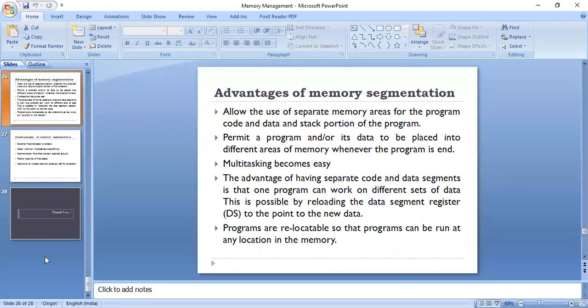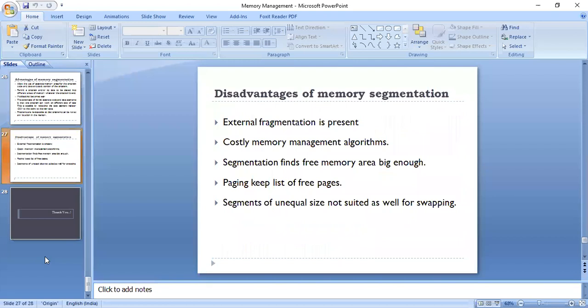So these are the few advantages of the segmentation scheme. On the contrary, it also possesses a few disadvantages, as the major concern lies in the external fragmentation that is present in segmentation. So we can say segmentation is prone to external fragmentation.